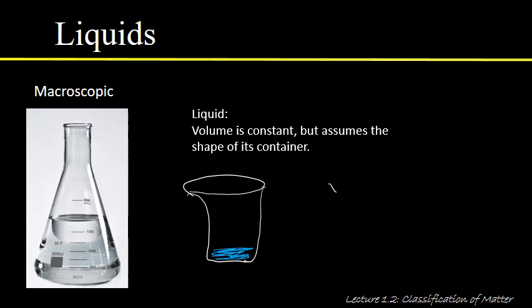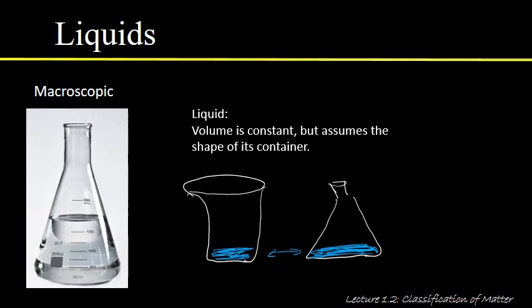And if we took the same water and put it in an Erlenmeyer flask, then it would look like that, right? So the shape changes depending on the vessel, but the volume of those two liquids is equal. Well, it's the same liquid transferred to two different vessels, right? So the volume stays the same regardless of the vessel. That's the macroscopic definition of a liquid.